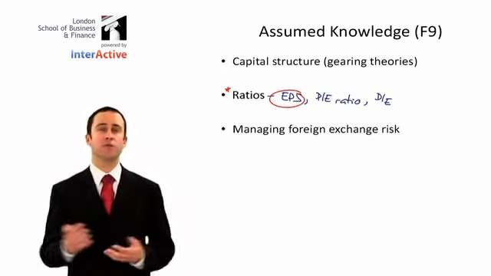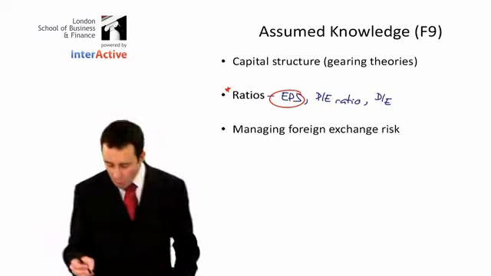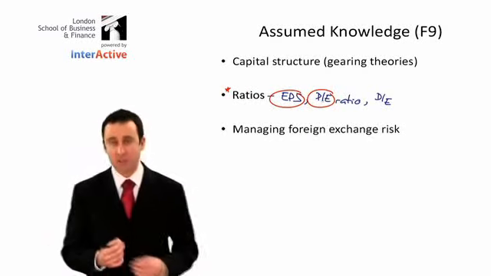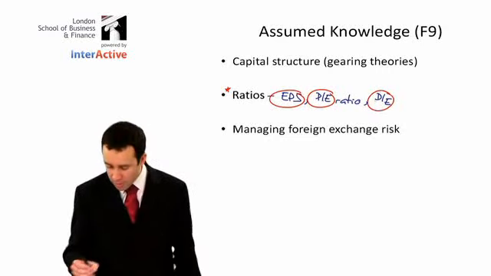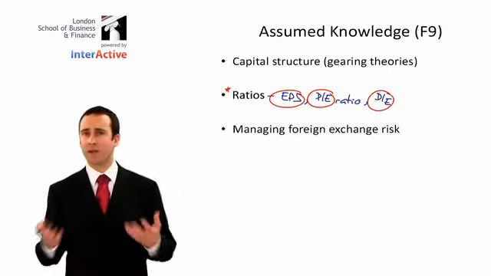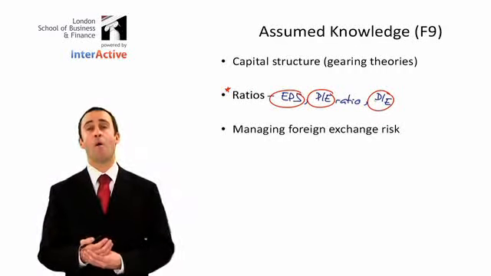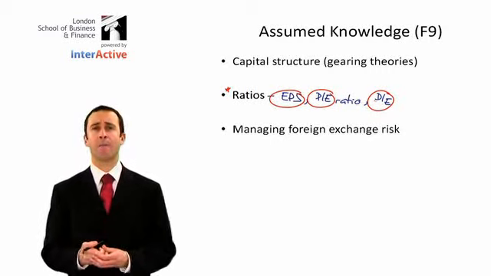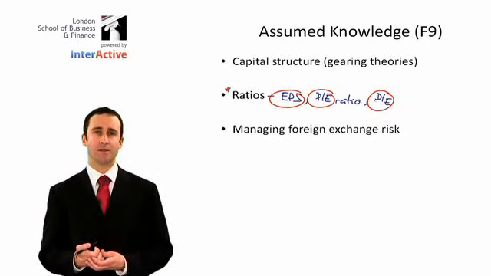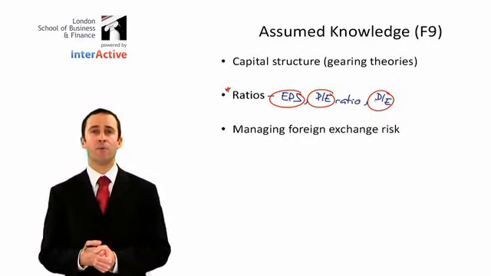Will it increase or decrease your earnings per share? What will happen to your price-earnings ratio? What will also happen to the level of gearing? Will it increase? Fine. And what we need to start looking at is how much of an increase this company can accept. That's what we'll tend to see when it crops up more within P4 from what we've seen within F9.